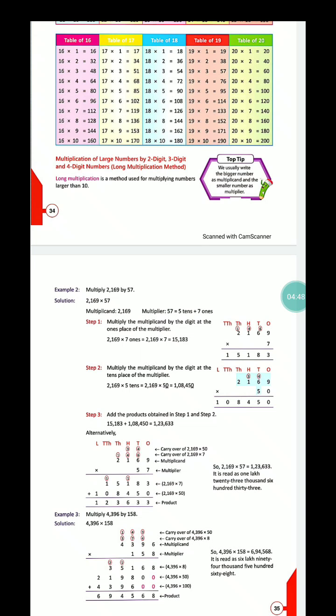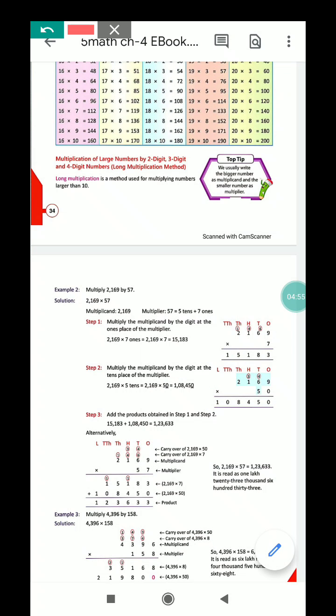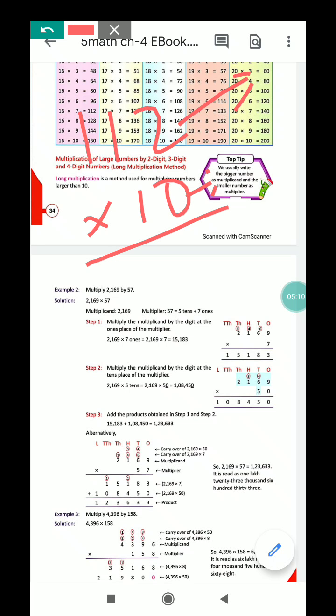Usually we write the bigger number as the multiplicand and the smaller number as the multiplier. As we know, suppose this one, 112 multiplied by 10. This is the multiplicand and this one is the multiplier. We write like this only, and here we will write the product, 1120. This is the product.